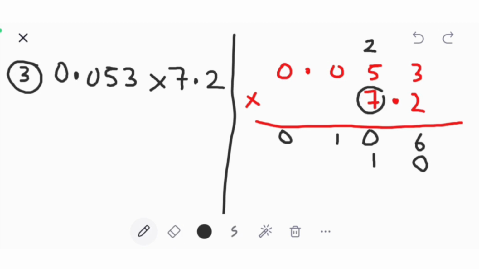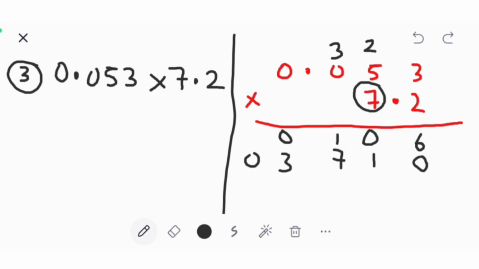Then you do 7 times 5, which is 35, plus the 2 on top, you have 37. Write down 7. Write 3 on top of 0. Then you do 7 times 0, that will be 0. Then plus the 3 on top, you have 3. Then you do 7 times this last 0, that will give you 0.